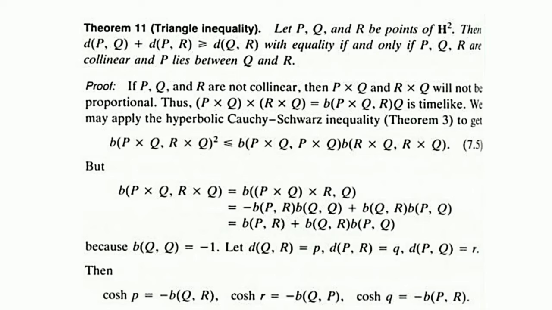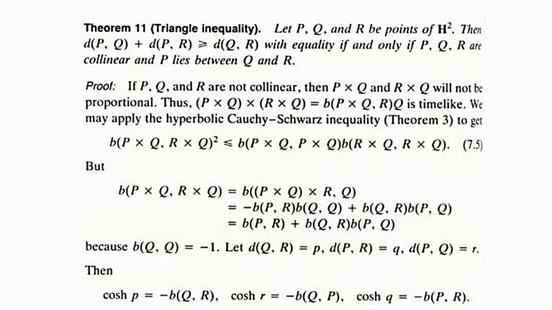Now let us talk about the triangle inequality, or theorem 11, which talks about three points that lie on the same line. If P, Q, and R are collinear and P lies between Q and R, then the distance PQ plus the distance PR is greater than or equal to QR. So let me visualize the theorem.